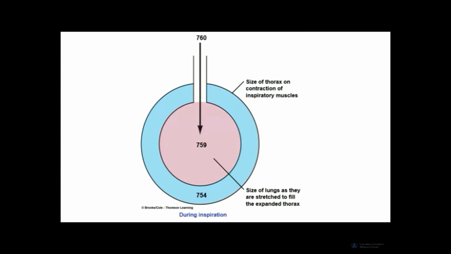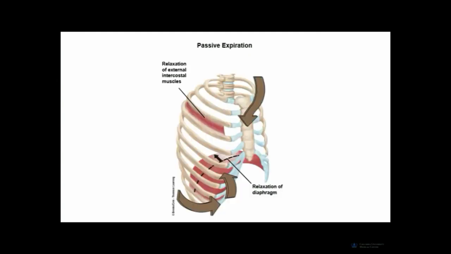So restful breathing involves the contraction of the diaphragm and external intercostal muscles, while restful exhalation, you don't have to contract any muscles. You actually just have to relax the diaphragm and the external intercostal muscles. Right? Because the thoracic cavity goes back to its original position, which is smaller, and creates enough pressure. Okay?